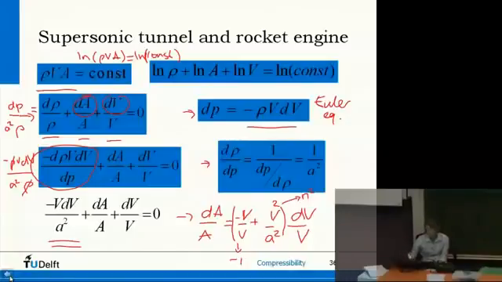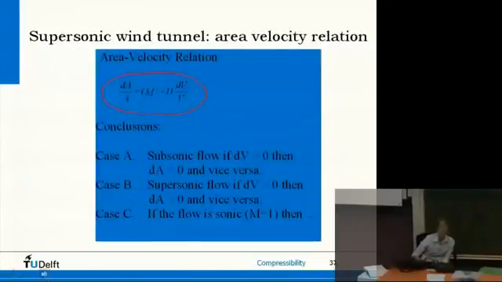So I get dA over A relating dV over V. And what I get here in between brackets, this one is minus 1, and this one is plus Mach squared. So Mach squared minus 1. So this is an area velocity relation.